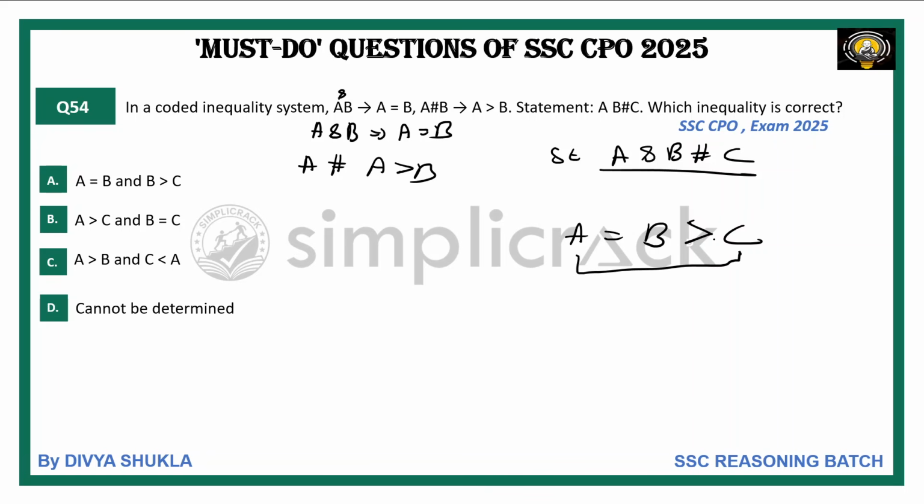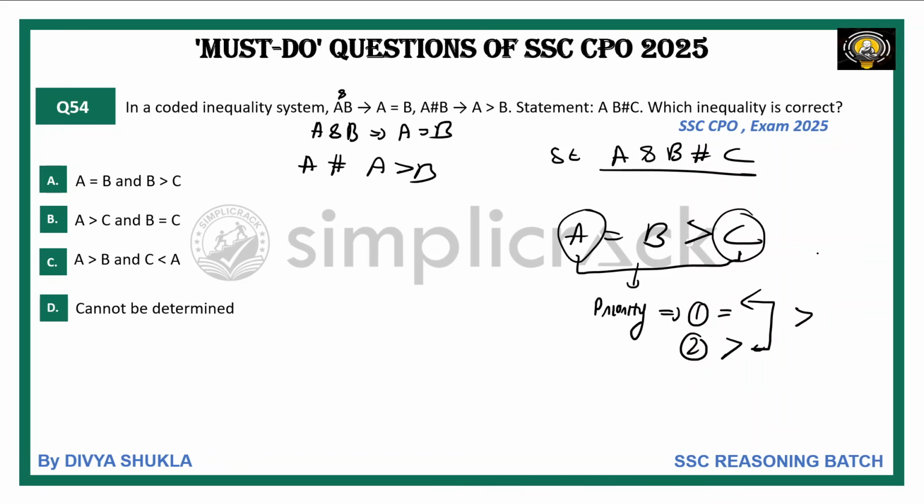Now understand, I have always told you that in this type of situation, whenever you have to find the relation between this element and this element, priority is given with respect to the elements. You have the first element as equal in between them, and the second with a greater than sign. So what would be the net inequality? It would be greater than.